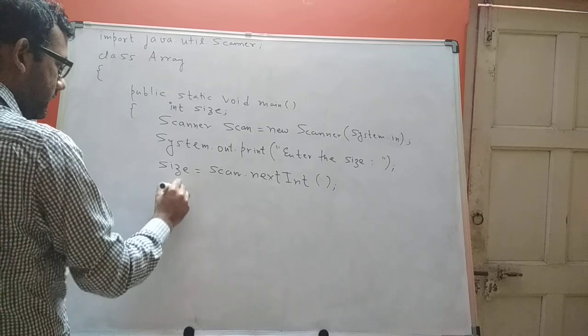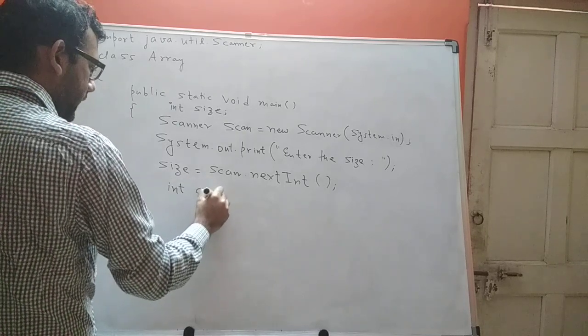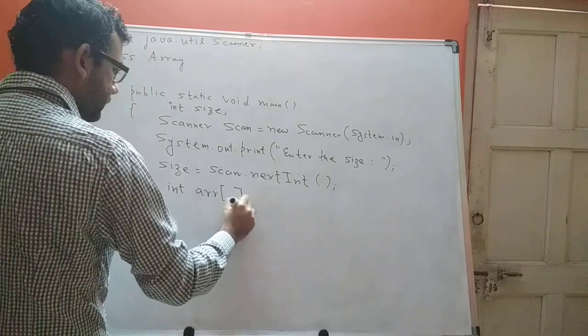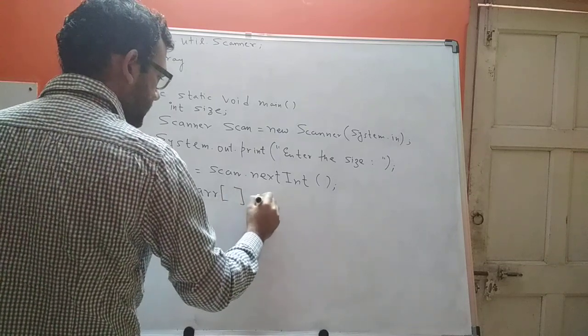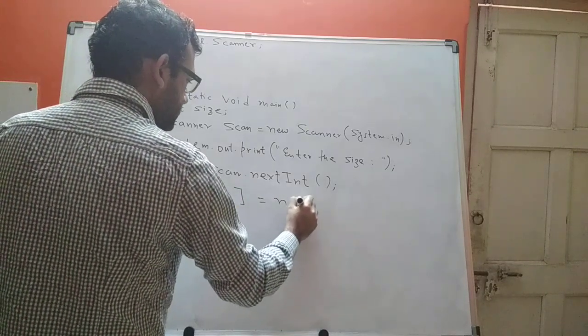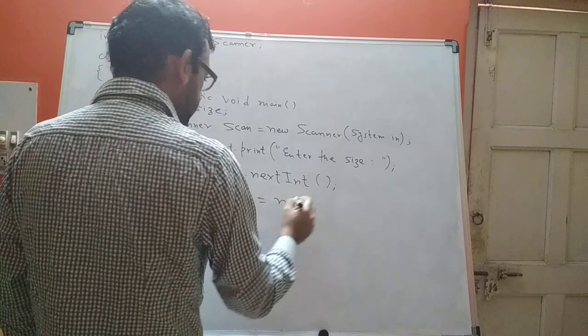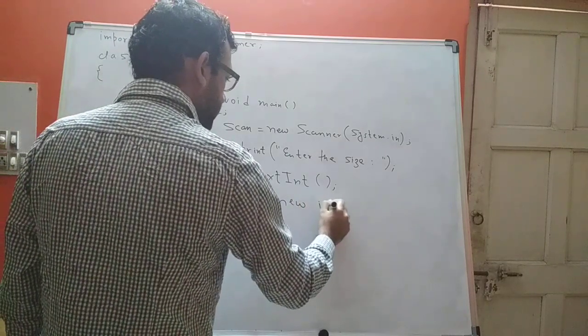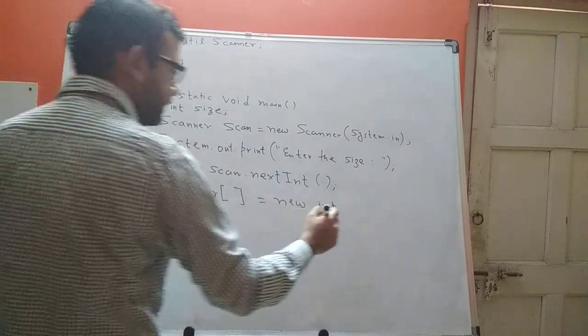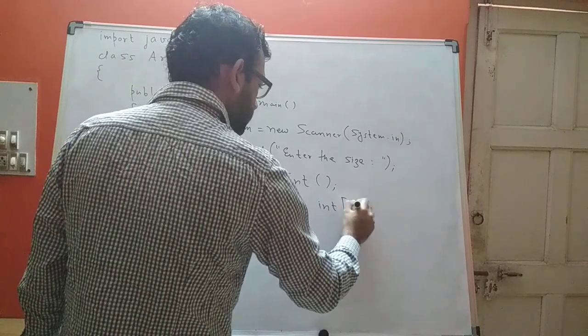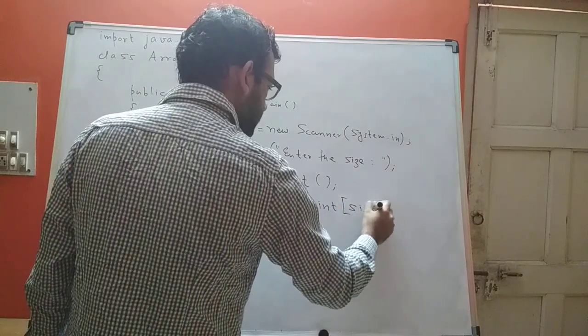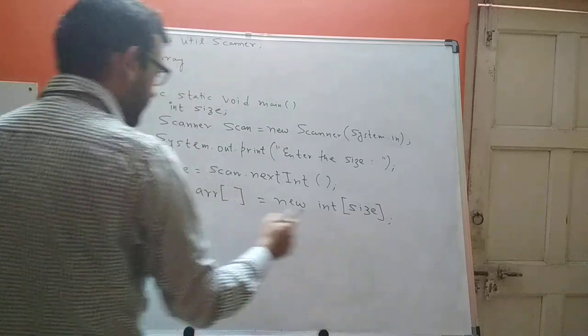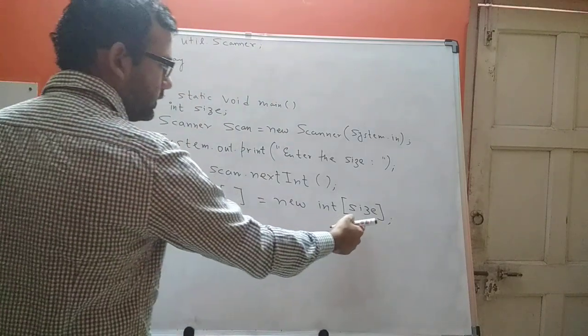So I'll say int arr. How do you declare an array? If you remember from the previous lessons, you would declare an array using the new keyword. So int arr equal to new int. Why int? Because it is an integer array. So new int[size]. This will create an array called arr of size.